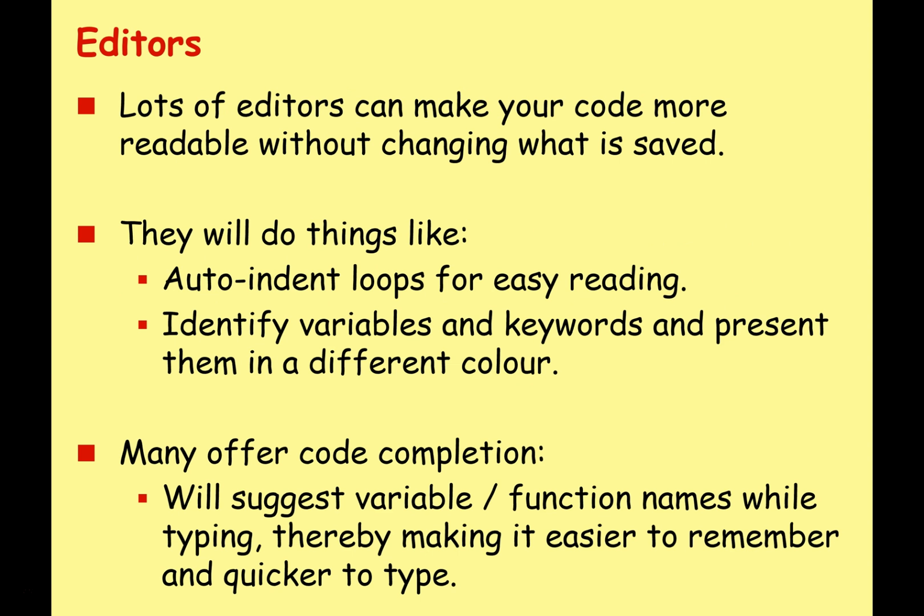However, lots of editors can make your code more readable without having to change what is saved. Things like auto-indenting your loops or your if-else-if statements to make them more easily readable, and identifying your variables and keywords and putting them all in different colors.